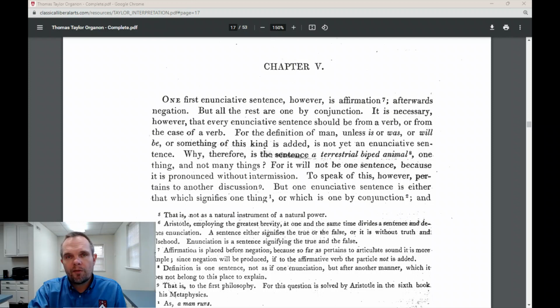So we have this first division. So he comes back now at this point in the paragraph to what he said in the opening sentence. One enunciative sentence is either that which signifies one thing, a simple enunciative sentence, or which is one by conjunction, a composite enunciative sentence.